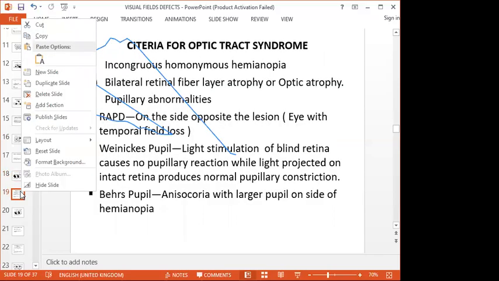I think the explanation is incongruous hemianopia, bilateral retinal nerve fiber layer atrophy, optic atrophy, pupillary abnormalities. RAPD on the side opposite the lesion, the eye with the temporal field defect.